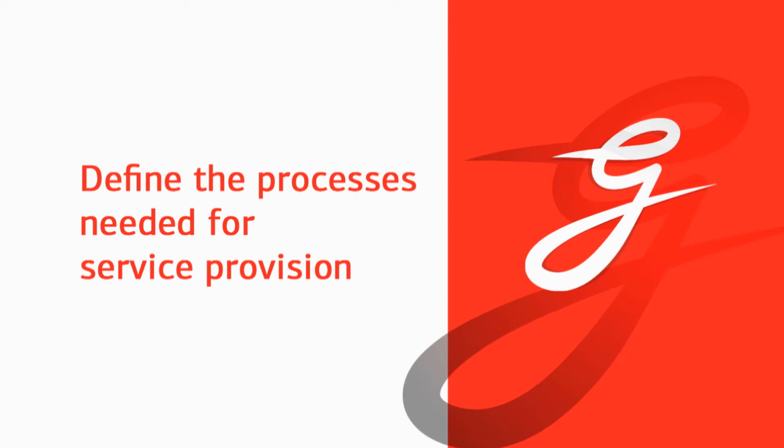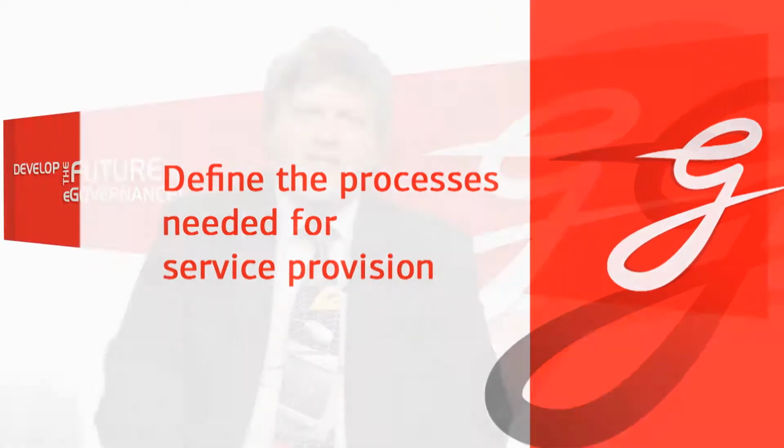So when we have an understanding of what public services we provide, then we can start analyzing the processes that are needed for those public services. There are specific techniques and tools for that, and those will be explained in different sessions.